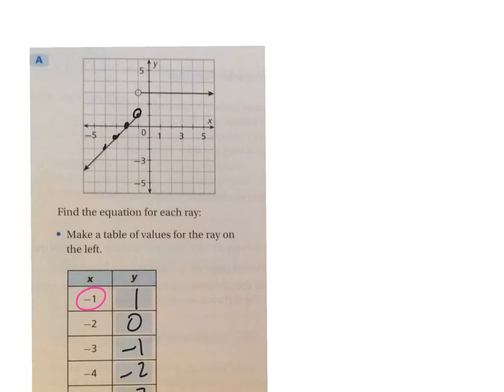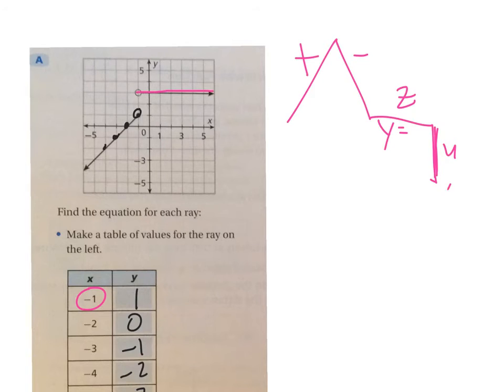Now, if you take a look at this graph, notice, if you remember my story, plus, negative, 0 slope, and undefined. Well, in this case, this is a y equals. If you have a vertical line, it's an x equals. So right now, we're dealing with a y equals function or equation.